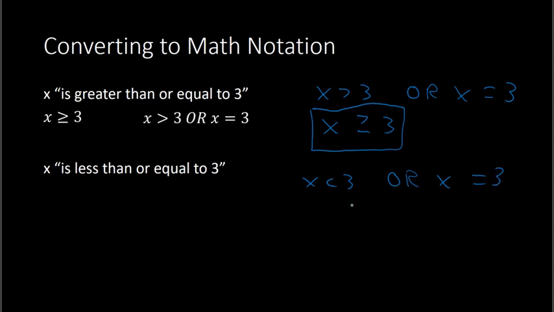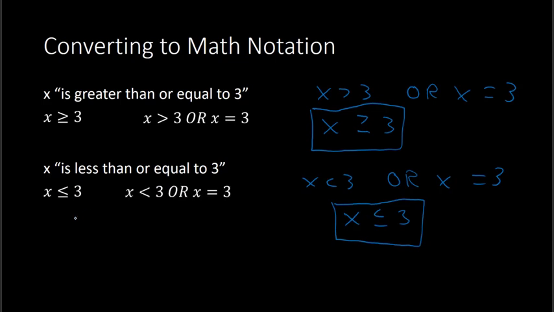So I can once again combine this into one quick statement where I have x and 3, and then I take the less than sign, and then I take just one line of the equal sign, and I get this statement right here. So that would be written mathematically right there: x is less than or equal to 3. And in English, we can think of that as two statements: x is less than 3 or x is equal to 3.